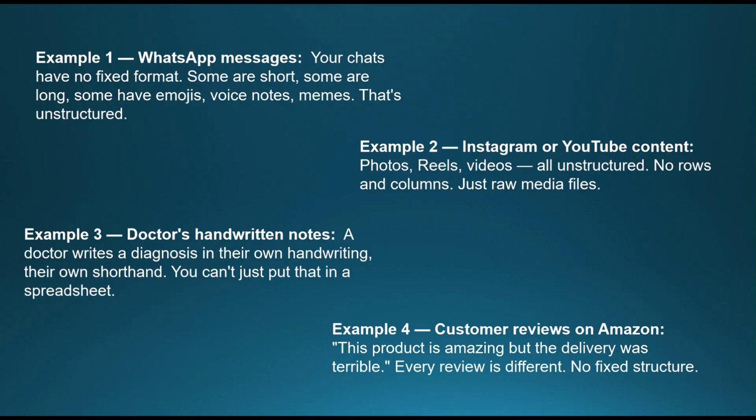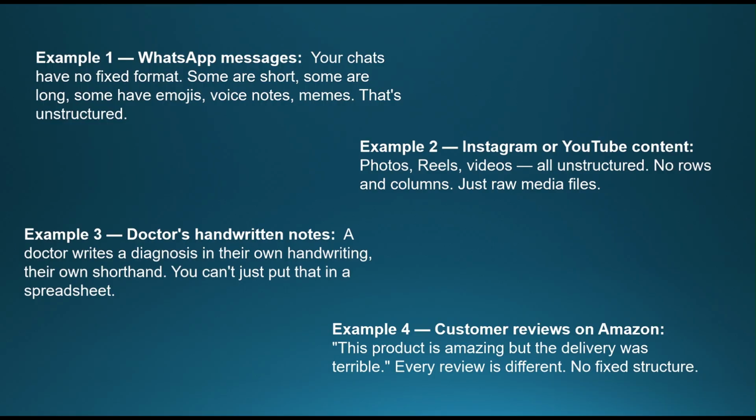And there are transformers, like the ones powering ChatGPT, for text, images, and much more. Internally, these models learn to find patterns even when the data has no fixed format. So it will go through the unstructured data, find some pattern, and then map that data as per its understanding. This is how unstructured data works.